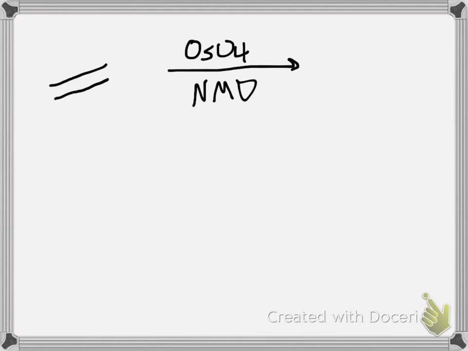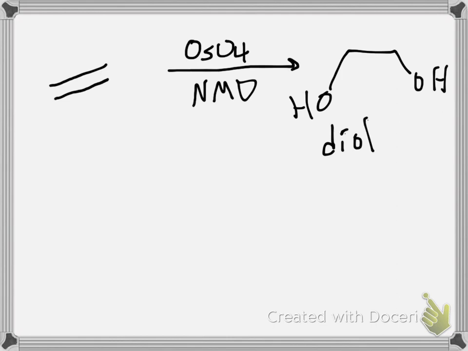You can look it up, it's in your textbook. But what this reaction does is it fairly readily forms this diol. So this is a dialcohol or a diol. You'll notice that I'm drawing it in a certain way.